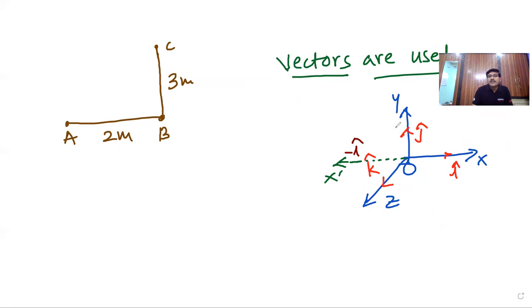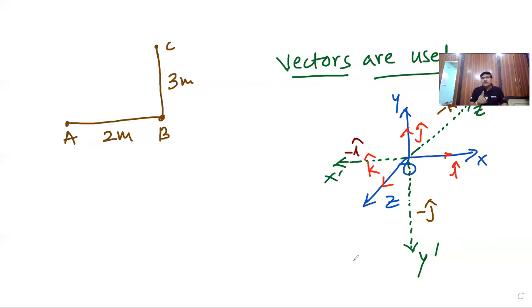Similarly, for the negative side of the y-axis, the positive unit vector is j cap, and the negative side is minus j cap: the direction is reversed, the magnitude is the same. Similarly, along the negative side of the z-axis, it is minus k cap.